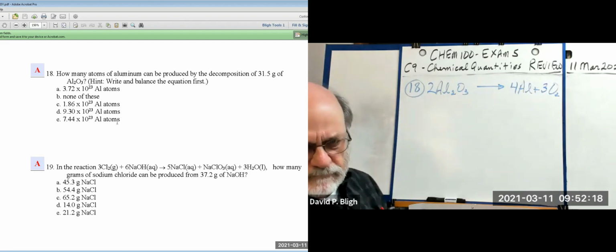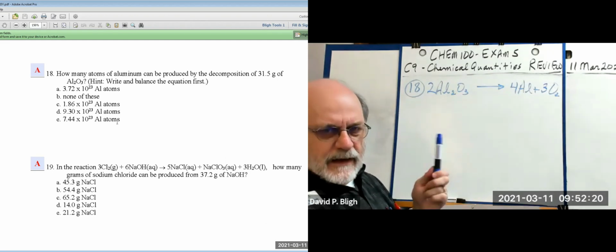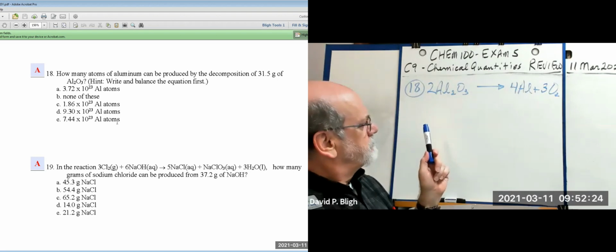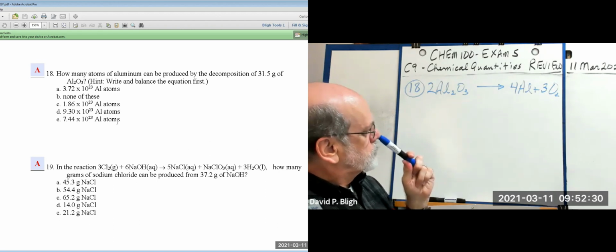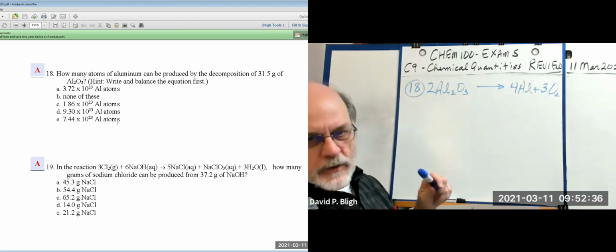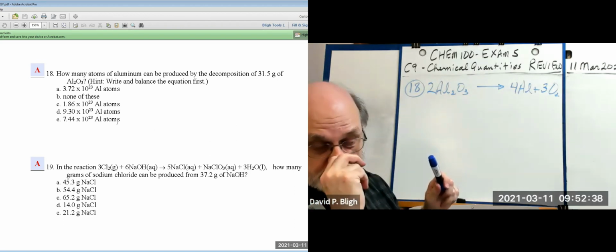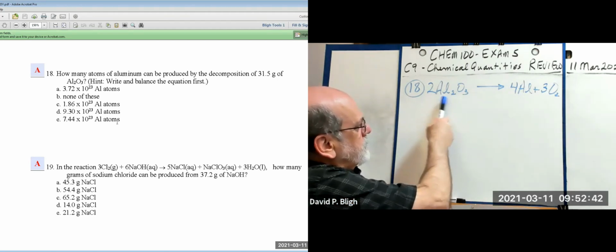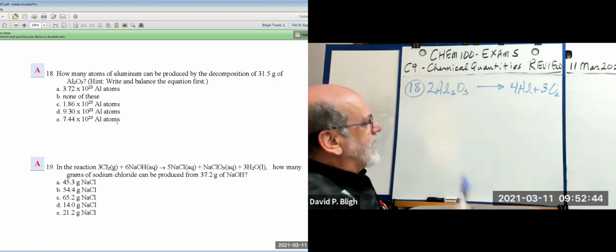Okay. Now, I'm wondering if we really need, yeah, we do need the balanced equation, because we're going from 2 moles of this to 4 moles of that.